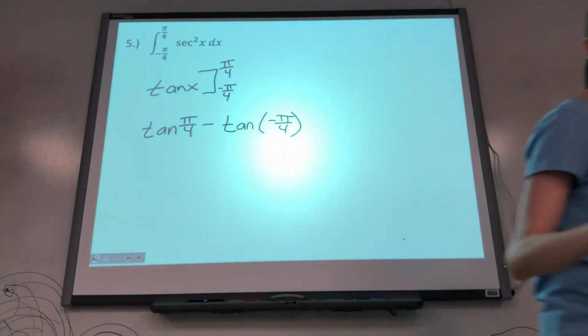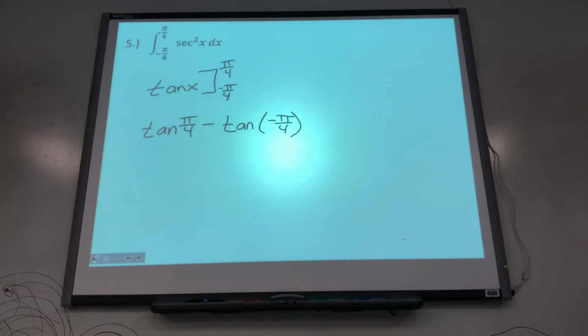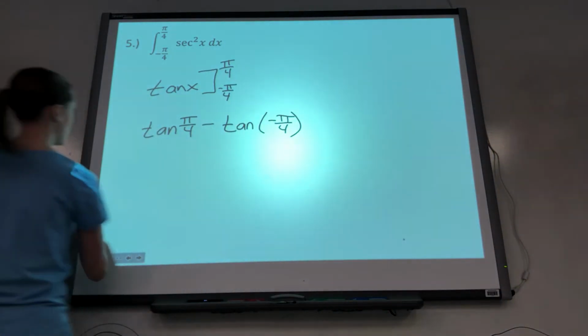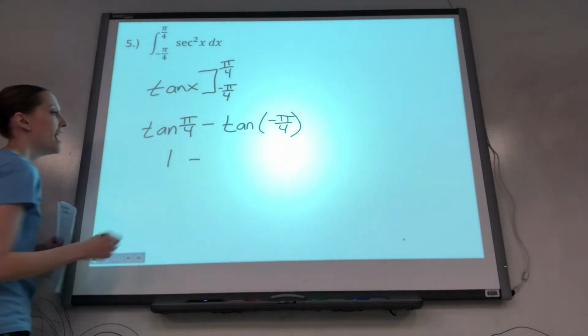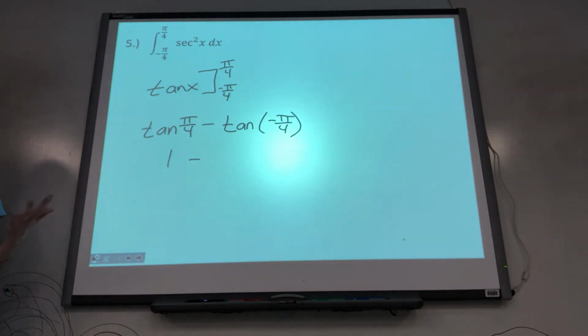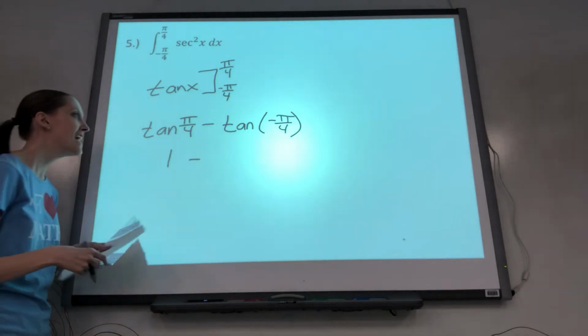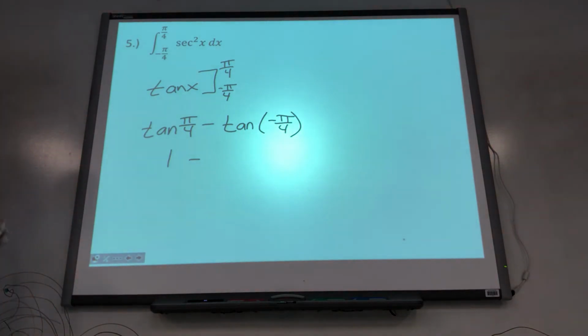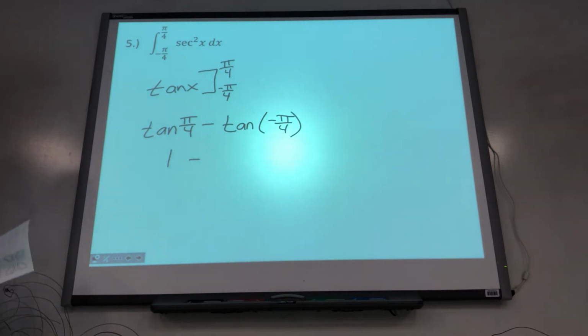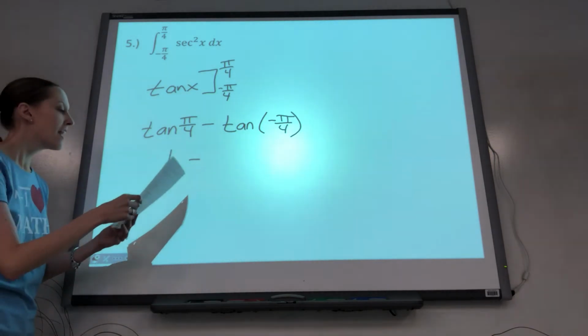Now, handy dandy should be able to help me with at least this first one. Tangent of pi over 4 is 1. Now, when I come back here to find tangent of negative pi over 4, handy dandy does not give me any negative values. So you've got a couple options here.